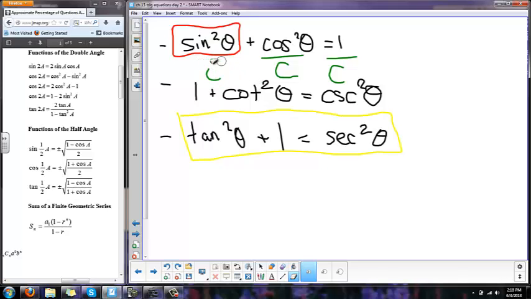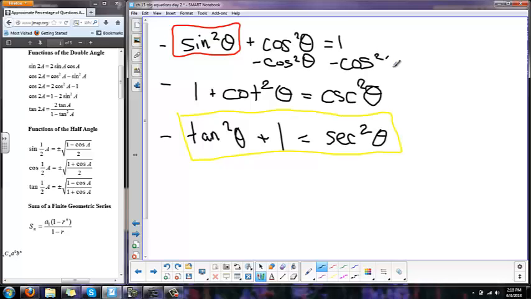If I get rid of the rest of the stuff that we were working on, and I do minus cosine squared theta on both sides, then I know that sine squared theta is equal to 1 minus cosine squared theta.